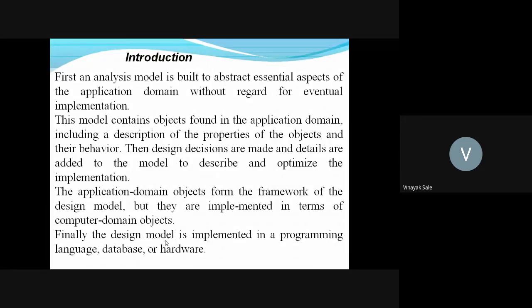So there is a difference between a driver and an engineer. So abstract essential aspects of application domain without regard to the eventual implementation. This model contains the objects found in application domain, including a description of properties of objects and their behavior.